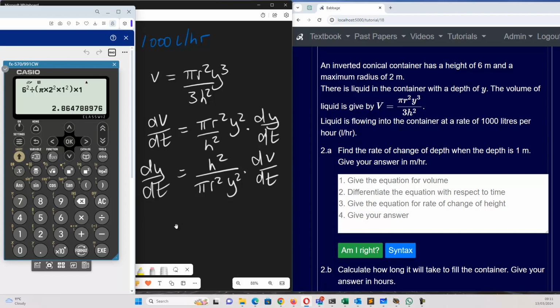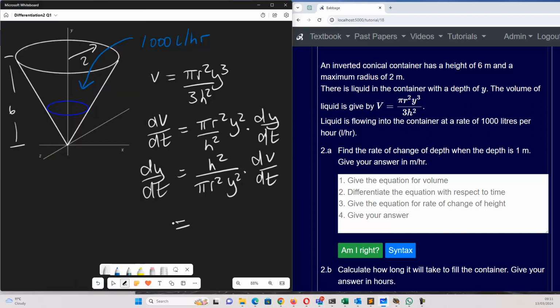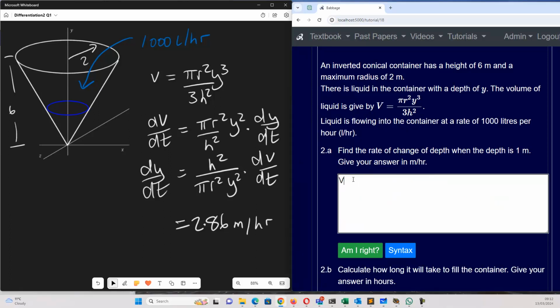So that is equal to 2.86 metres per hour. So let's put that into Babbage. We're going to get V is equal to pi r squared y cubed divided by 3h squared.